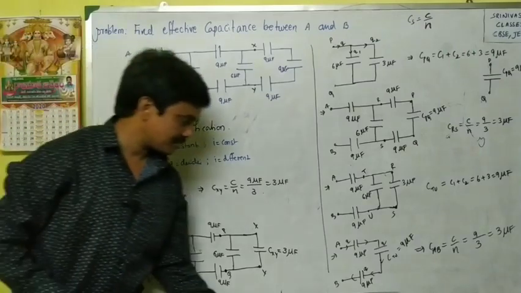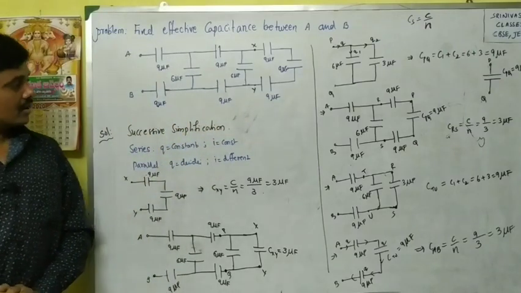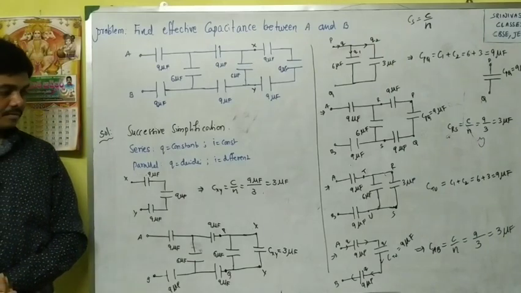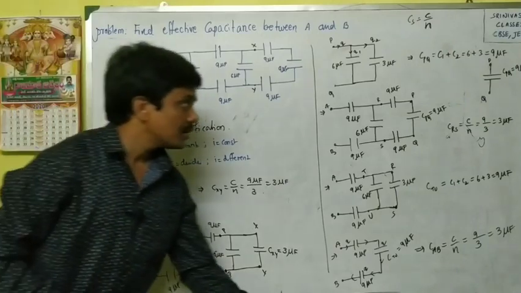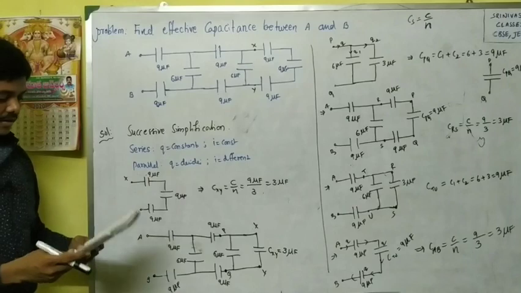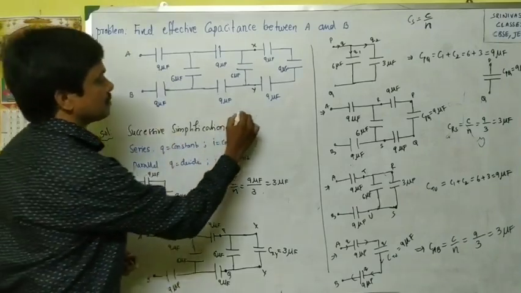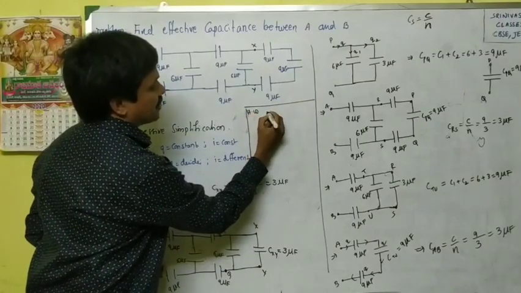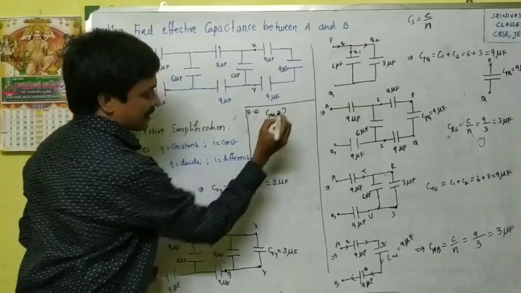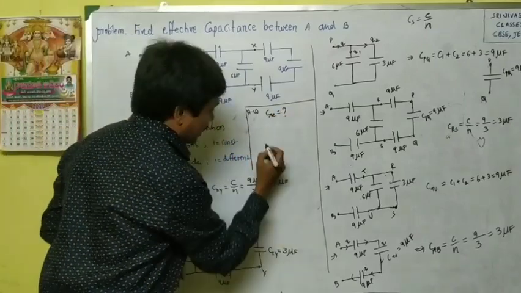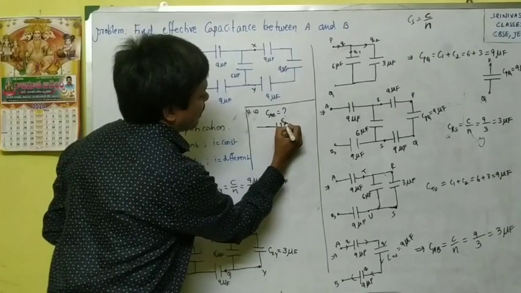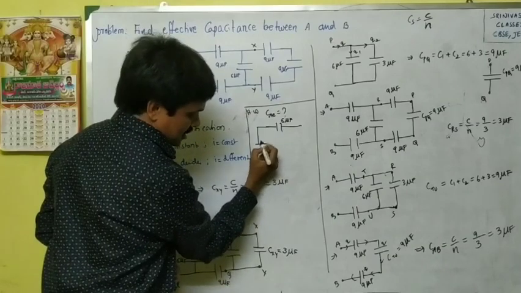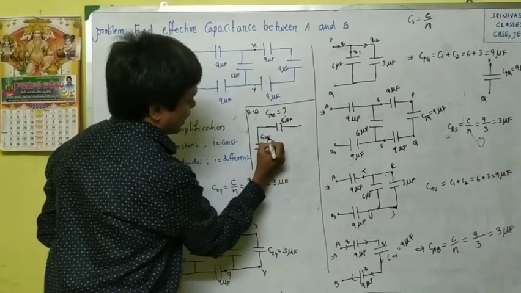This is our solution. One homework I will give for you. Okay, the homework is: find the effective capacitance between A and B. There is one diagram. This is 6 microfarad, and this is 6 microfarad.